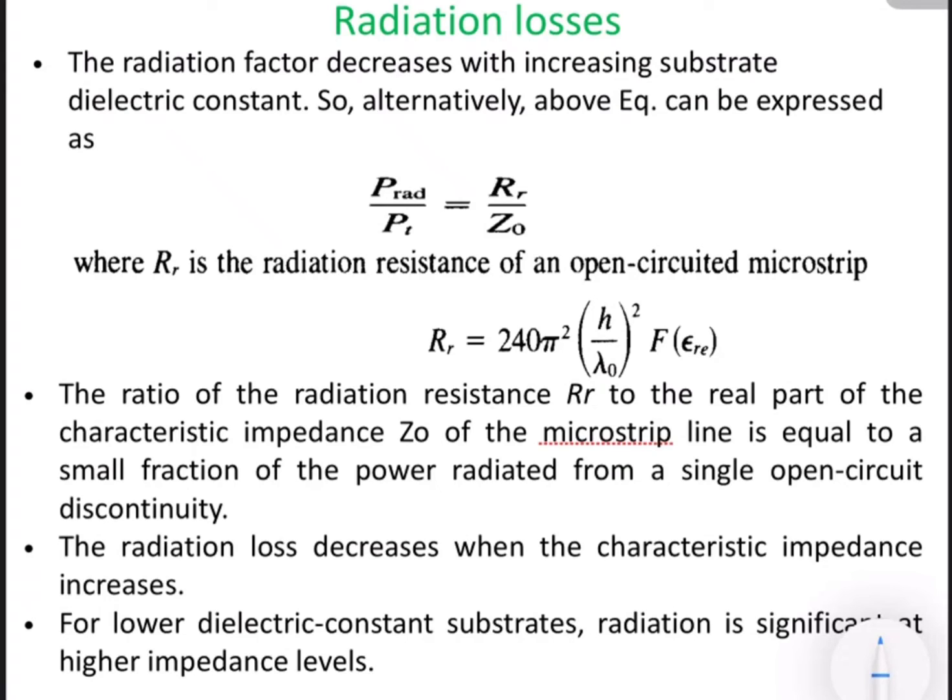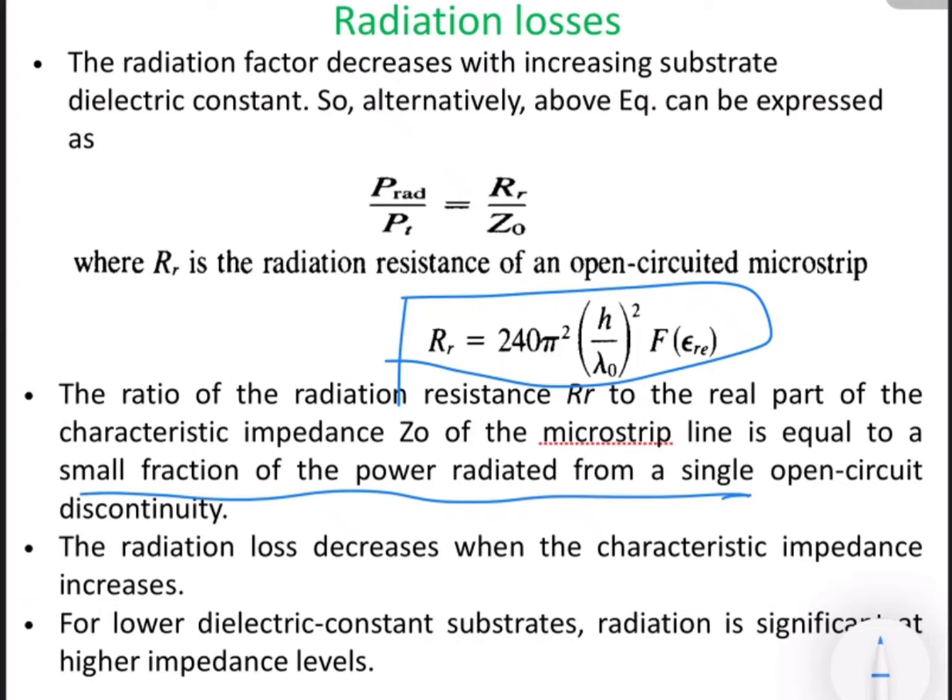And we also have an equation for radiation resistance: RR is equal to 40 pi squared into (h by lambda naught) whole squared into F epsilon RE. Okay. So the ratio of radiation resistance to the real part of the characteristic impedance Z naught of a microstrip line is always equal to the small fraction of power radiated from a single open circuit discontinuity.